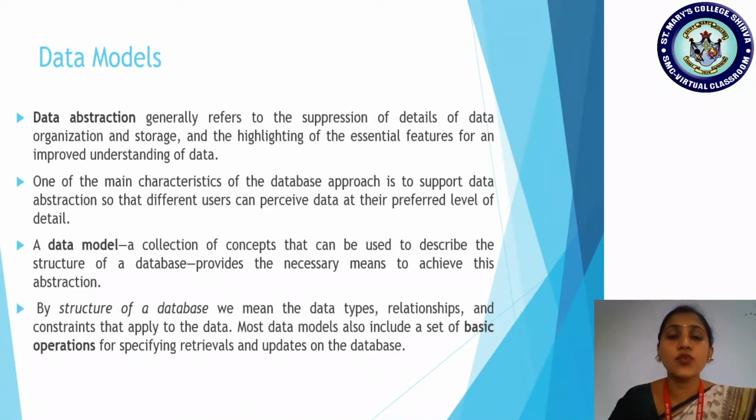For example, the student table has a relation with the grade report table. And the constraints: student name should be of character type only, student number or roll number should be a unique key, a primary key. I mean the data you are entering there should be unique to each other. So these are the constraints you are applying.